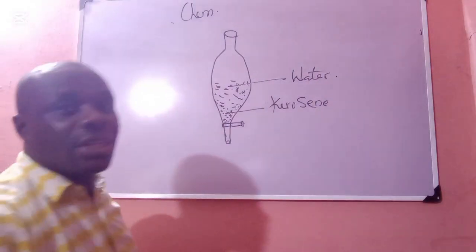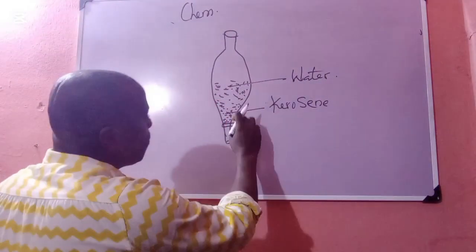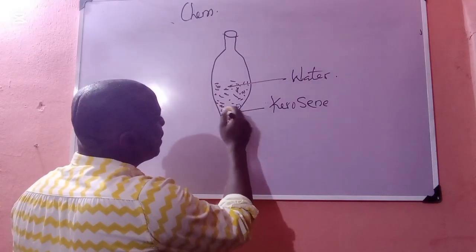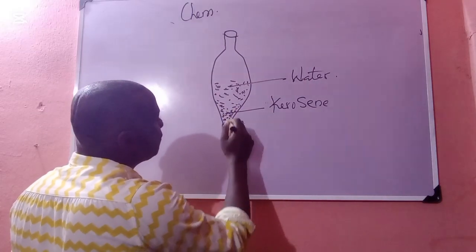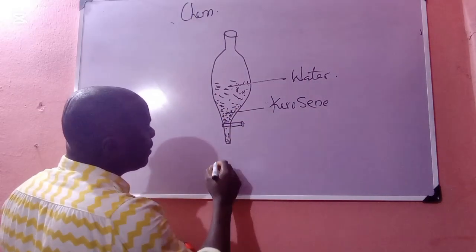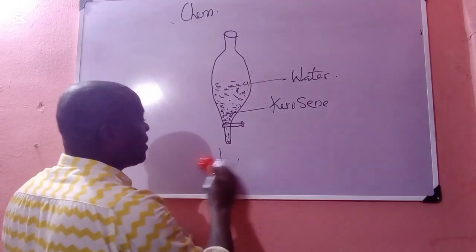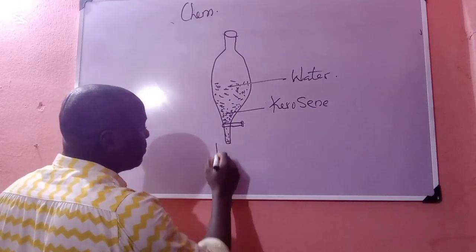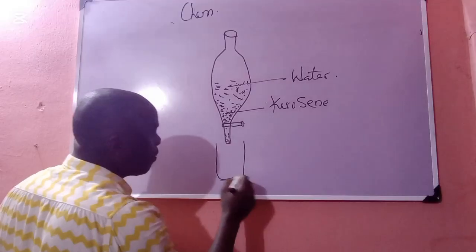At this point, when you open here, the one coming down will be passing through, and then you have your beaker here. This is a beaker for collection.